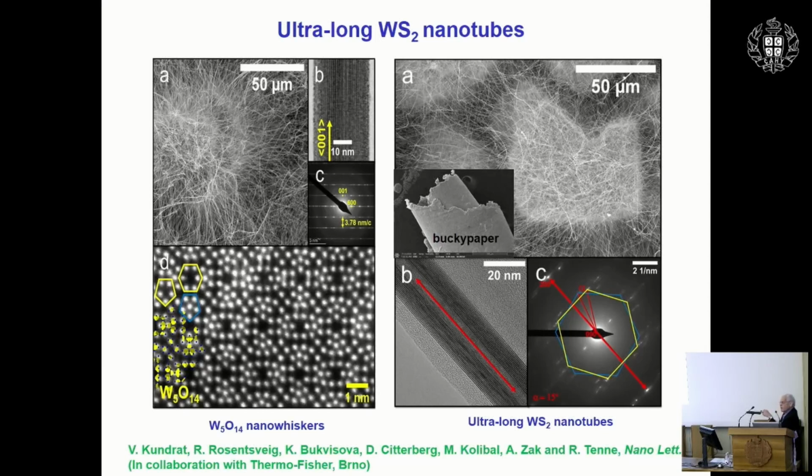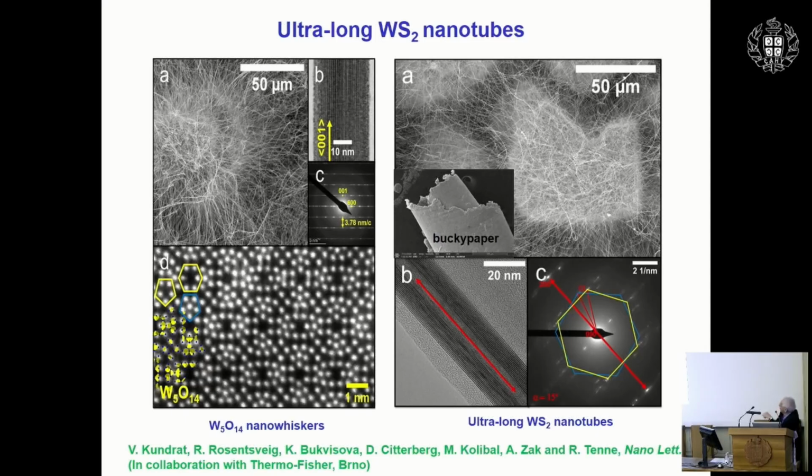So he starts first by growth of precursors of long nanowhiskers of tungsten oxide, suboxide, and then he sulfurizes them, and he gets this beautiful mesh of nanotubes, and with that he can make a kind of a web or a page or whatever you can call it, a membrane with which he could filter heavy metals by using a solution, allowing the solution to go through this membrane, and he purified solutions from heavy metals like gold or silver.